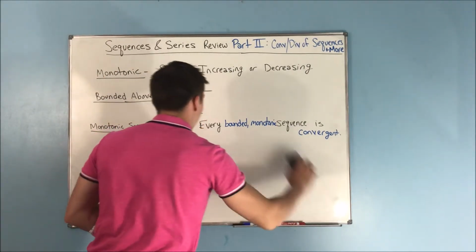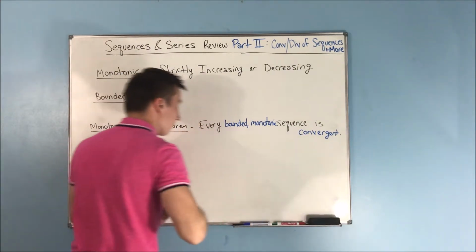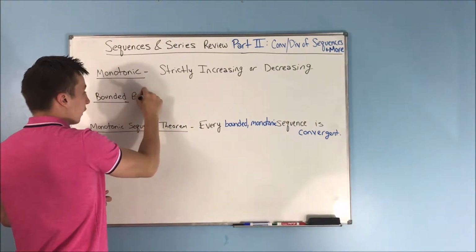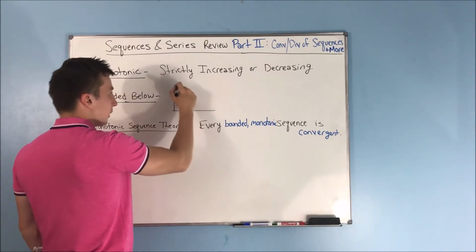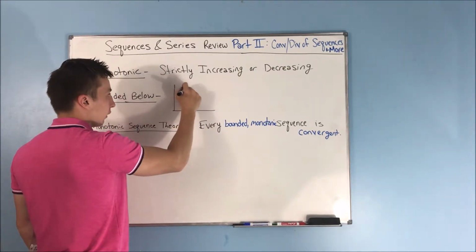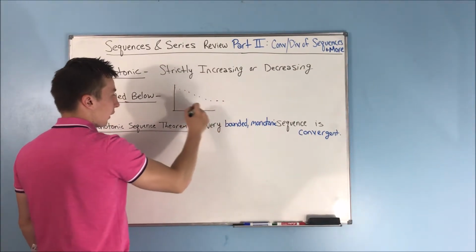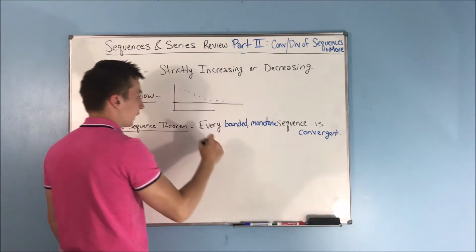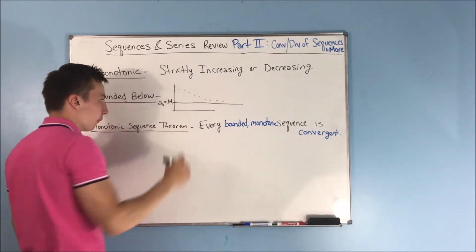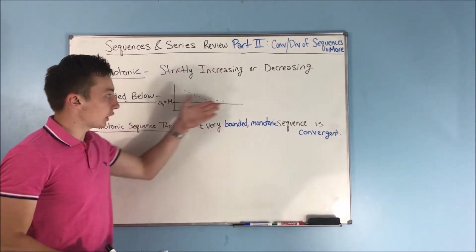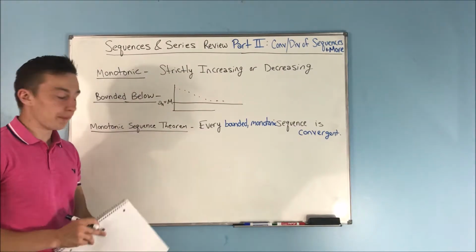Now, what about bounded below? Bounded below is basically saying the exact opposite. So maybe the sequence is starting up here, and maybe it flattens out here, and it's never going to touch this line. Let's call that a sub n equals m. It will never touch that line, and what that means is that this sequence is bounded below.